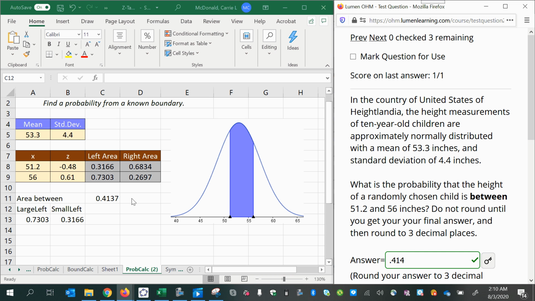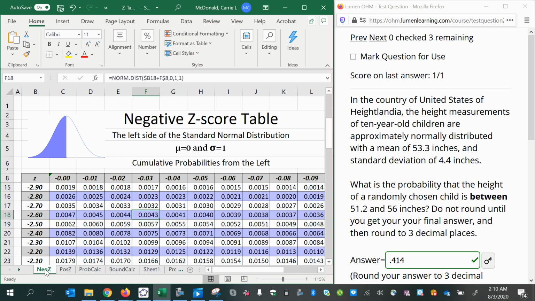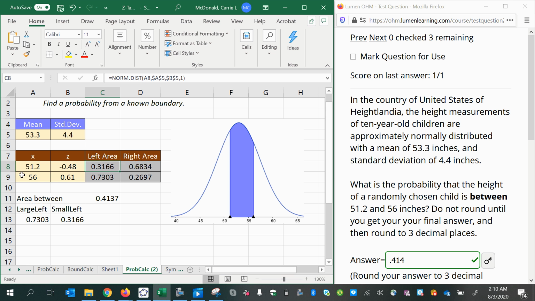Now you can also do this with the z-table. If you convert 51.2 to a z-score of negative 0.48, we'll find this left area in the negative z-score table. We look up the z-score negative 0.48.